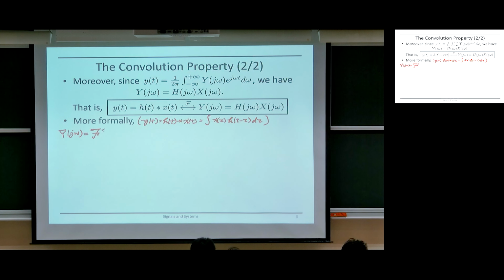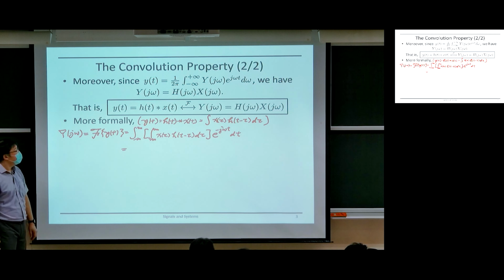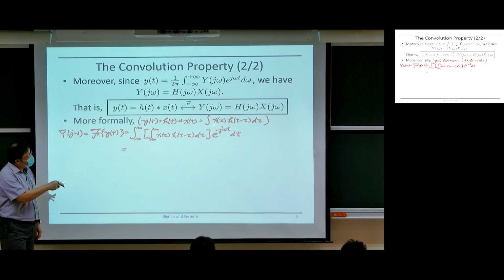So this is the Fourier transform of y of t, which is the integral of the convolution between x and h. This convolution is x of tau, h of t minus tau, d tau, times e to the minus j omega t dt. This is the convolution between h and x, which is essentially y.